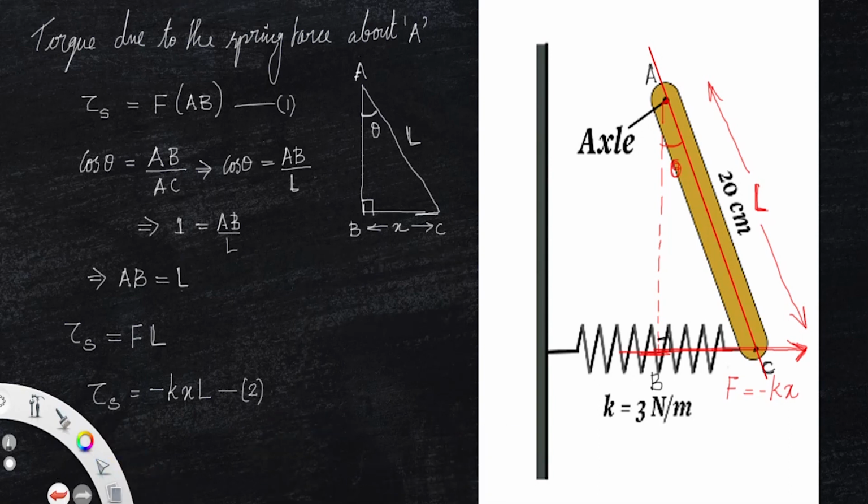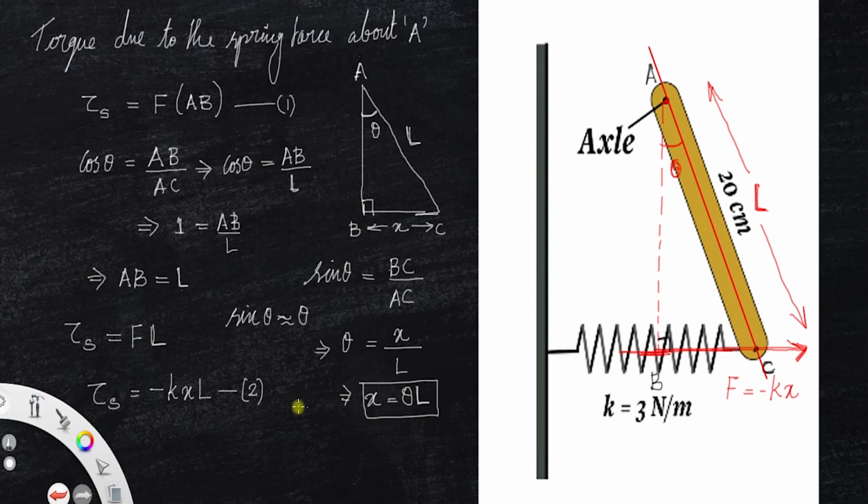For that, let us consider sine theta. We know sine theta equals the opposite side, which is BC, upon hypotenuse AC. Again, for small values of angle theta, sine theta is approximately equal to theta itself. So instead of sine theta, I can put theta equal to BC, which is x, over AC, which is L, which implies x is equal to theta L. So I can put this value in equation 2.